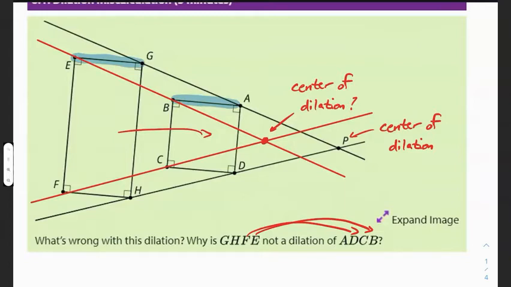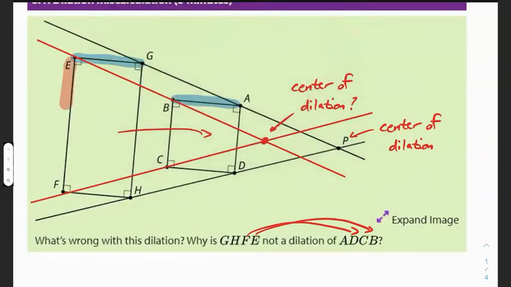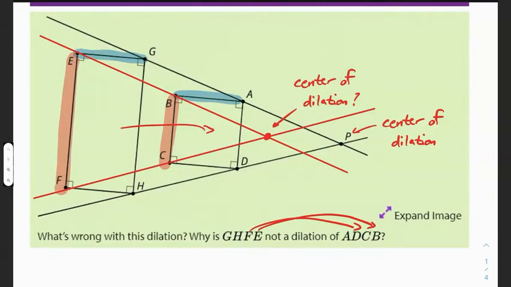It looks like it stayed the same, which implies the scale factor was just 1, while on the other hand, EF looked like it definitely got a scale factor of probably a half, because it got smaller, at least half the length. So what's wrong with this dilation? One answer: you have two centers of dilation.